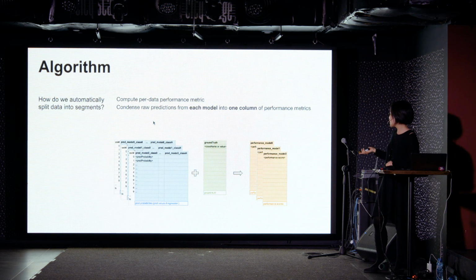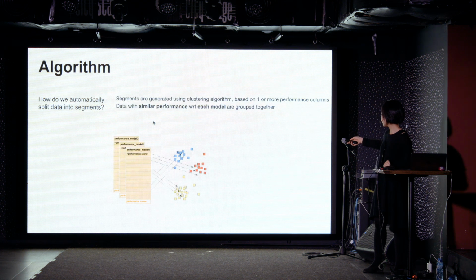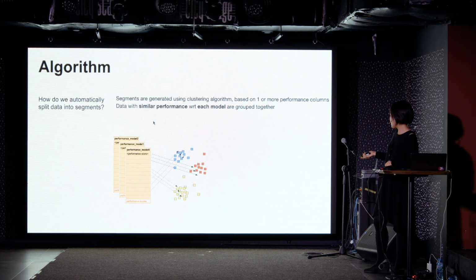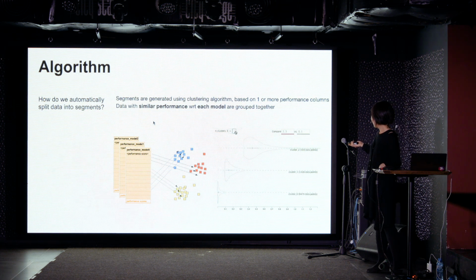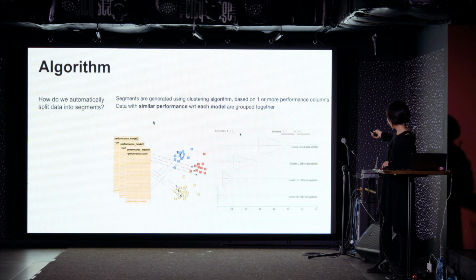If we have multiple models, we have multiple performance score columns. Using these columns, we run k-means clustering that segments all the data into several subsets, as shown in the animated image here.